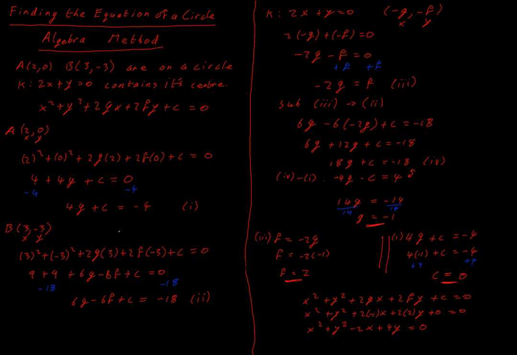And that is how we use our algebra method. And again, it's more difficult to keep track of what you're doing, but it is faster if we end up with nice situations like this, where we have a line that goes through 0, 0, or one of our points goes through 0, 0. In those types of cases, this can be a little bit faster. So that's what we need for the algebraic method of finding the equation of a circle.